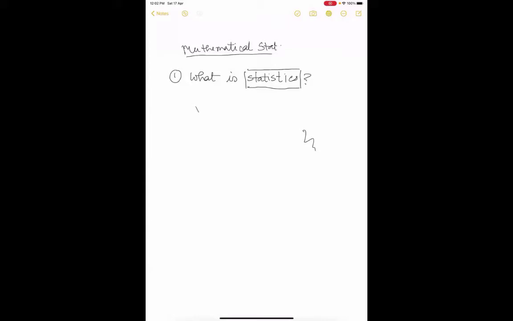So you are saying if I have x1, x2, dot dot dot xn, these are a bunch of random variables that I have, then it will be a function of that.